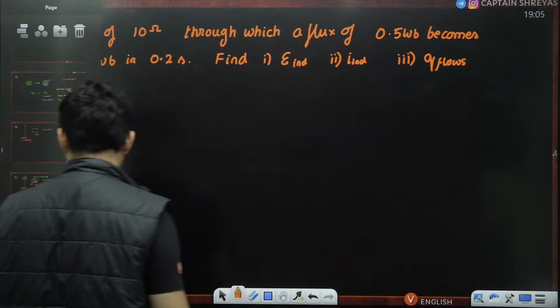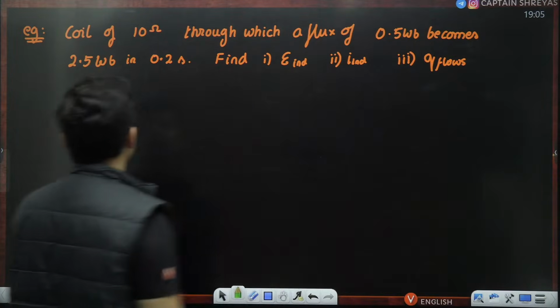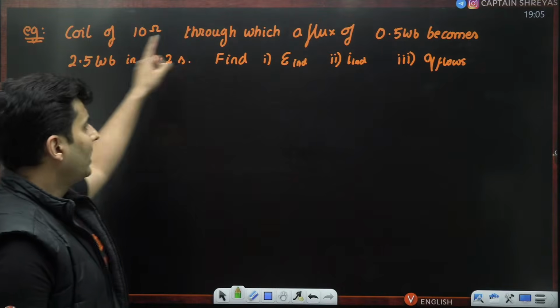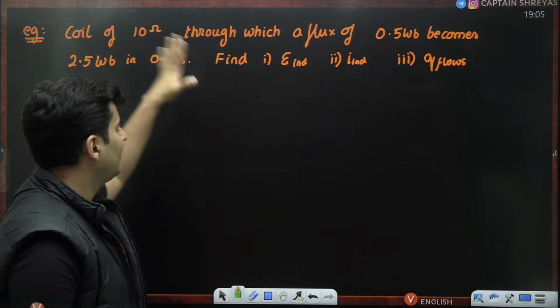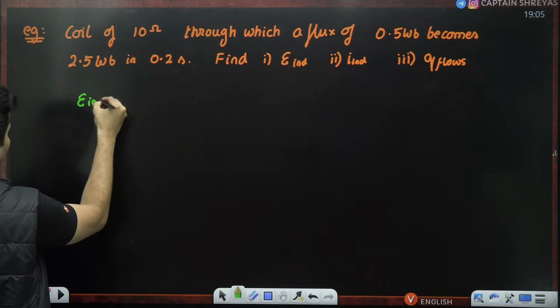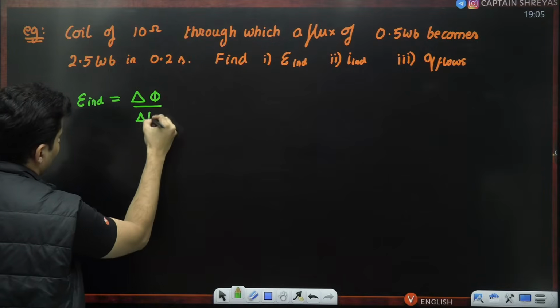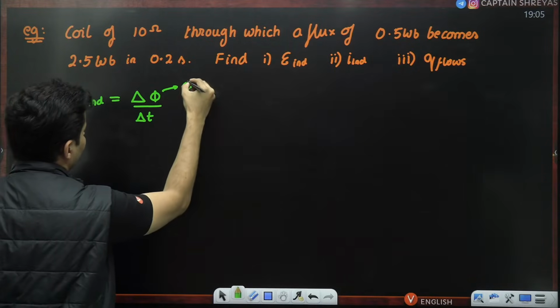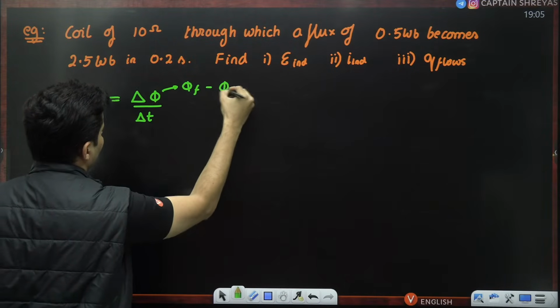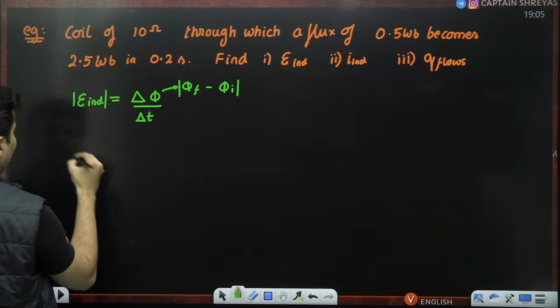Let's try to do this. Okay, let's go step by step. Old and new flux is given, time is given, resistance is given, EMF is asked. If you ask me the induced EMF magnitude wise, it is how much ever the flux changed upon how much ever time was taken. This is always the final minus the initial flux. I'm interested only in the magnitude here.